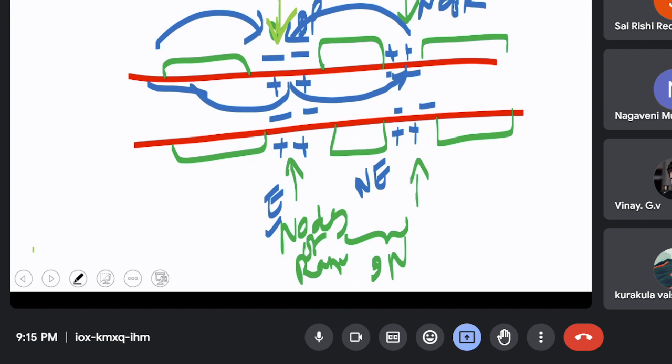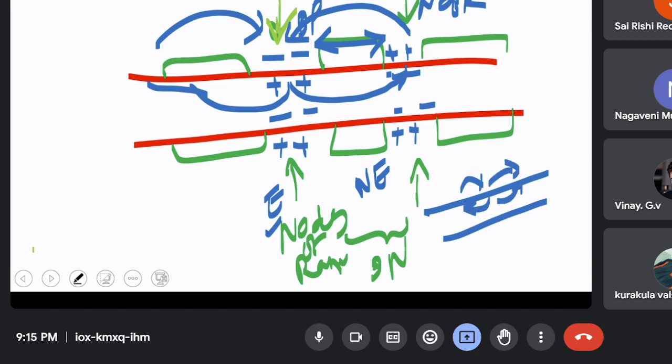Thus, this much distance is covered by the local circuits. In a non-myelinated nerve fiber, the action potential travels all along the length of the nerve fiber by formation of local circuits. Whereas in a myelinated nerve fiber, it jumps from one node to the other node.